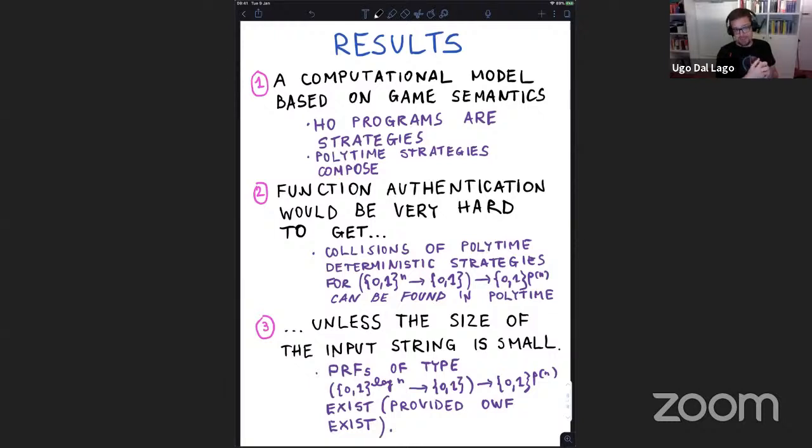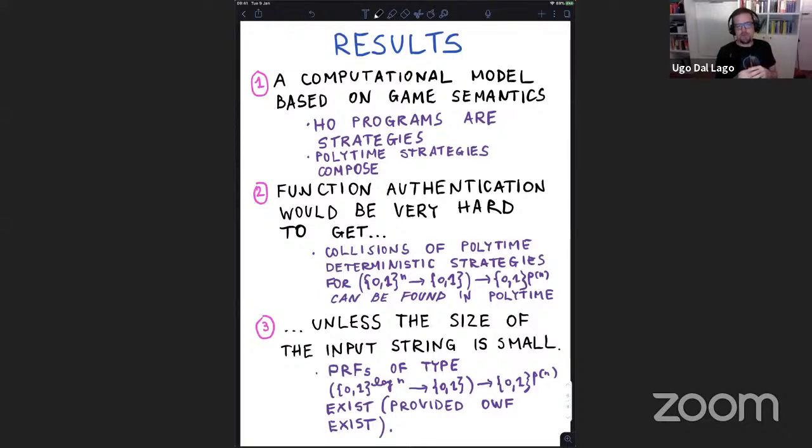And then we have two actual results about the cryptography you can define this way. First of all, we show that functional authentication is very hard to get if the authenticated function takes as input a string of linear length in the so-called security parameter, because this way collisions can be found in polynomial time, and since collisions can be found in polynomial time, you cannot hope to get any form of authentication going through such a function.